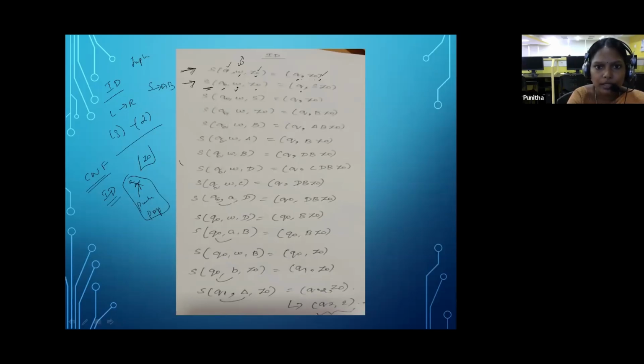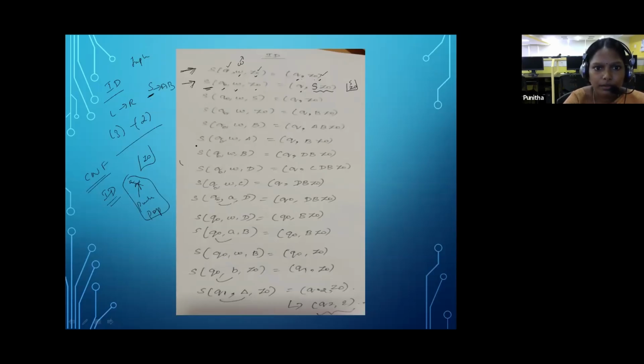After reading the inputs with the particular state, only then do I get to know the resultant state. Here I'm not able to know the resultant state, so I'm writing the same state as the LHS. Now I'm writing the status of the stack. In this step I'm performing the push operation, push S. So I'm pushing S into the stack.